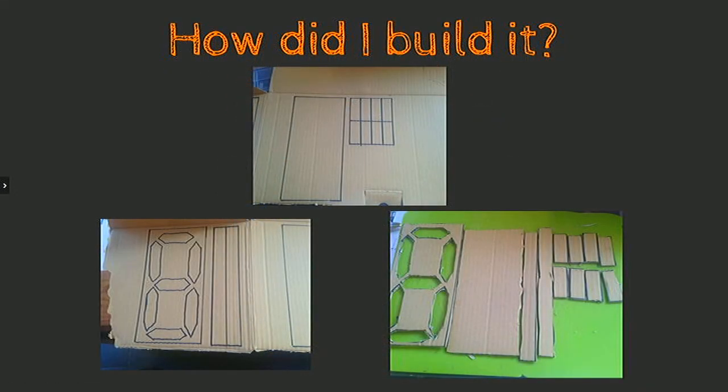So how did I build it? Well, in fact, it's quite simple. I started by drawing all the elements of each number on cardboard, and I see on this picture that one of them is missing, because we need three of those big bars, not two.